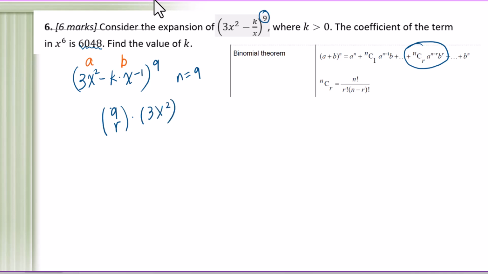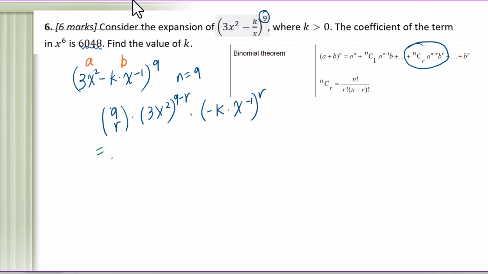(3x squared) to the 9 minus r's power times (negative k times x to the negative first power) to the power of r.